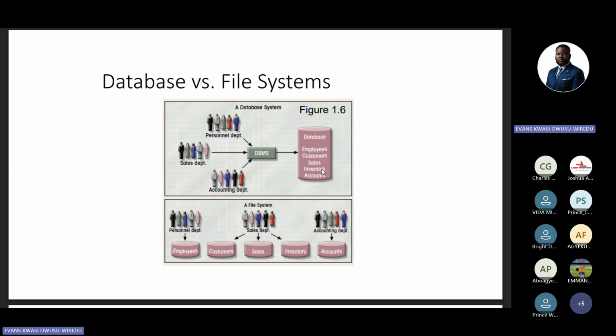And at the back end, as usual, you have the database, the employees, the various fields that may be created in the database system, right? Employees, customers, sales, inventory, all in one. You can see that in the cylinder here.